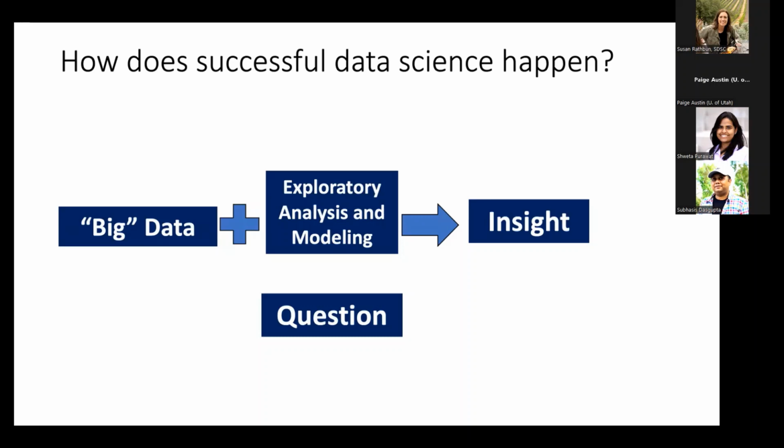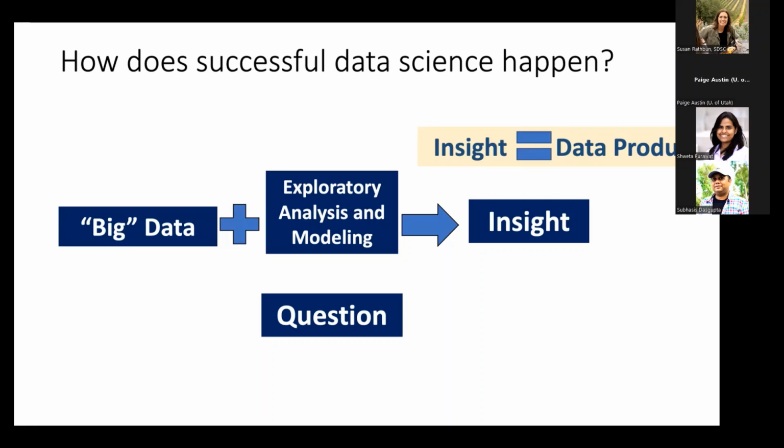By applying a combination of exploratory analysis and modeling on a variety of data sources, we get some insights. And these insights are some kind of data product, like visualization dashboards. It could be a web interface, it could be some APIs.